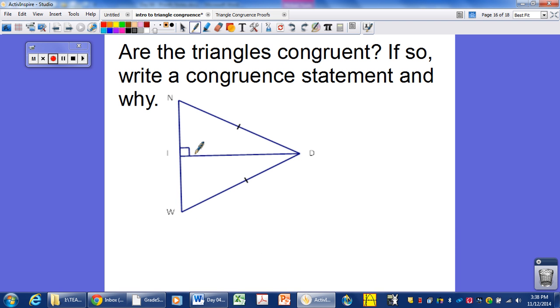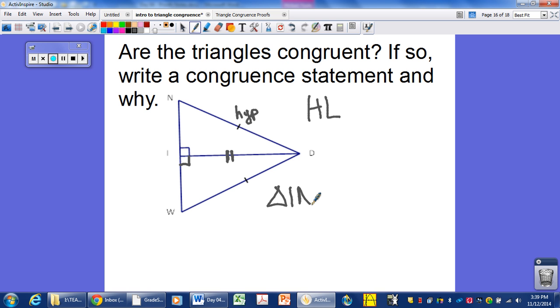Okay, so in this case here I have a 90-degree angle, which means of course I have another 90-degree angle down there. And here I have ID being the shared side. So it looks like this is my hypotenuse, and down here that's my hypotenuse. So it looks like this one can be hypotenuse leg.